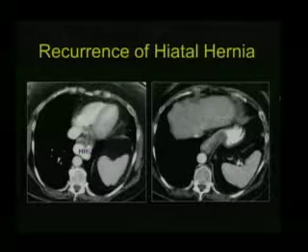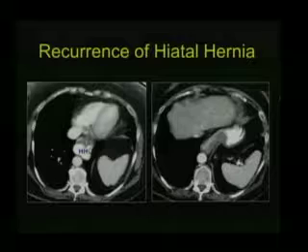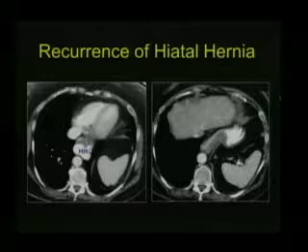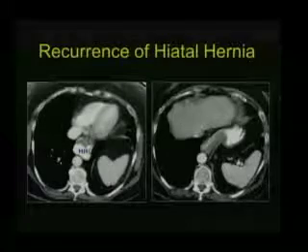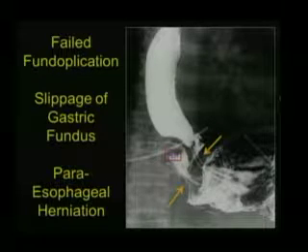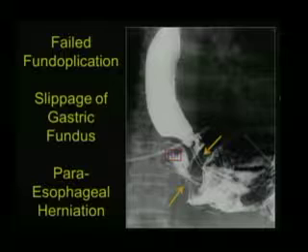On CT, it's difficult. This is the same case. So you can see the hiatal hernia, but you can see the narrowing here after the hiatal hernia, meaning that the wrap is still intact. This is a little bit more complex because here we see the esophagus.